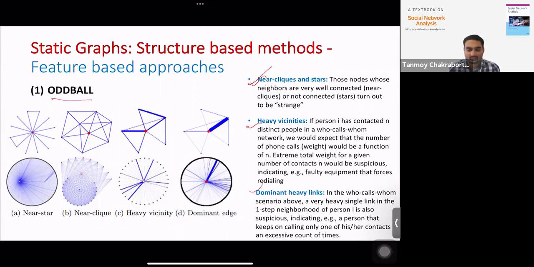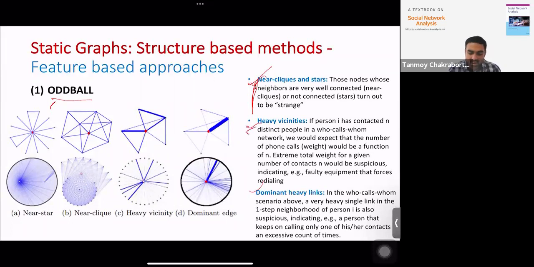But say if you have 95% or 98% of the edges present in that subgraph, you can say that okay, this is an anomaly. So near-clique and near-star. Near-star, as you can also understand, is not a complete star like this, but most of the edges exist. So these types of anomalous structures they wanted to identify.